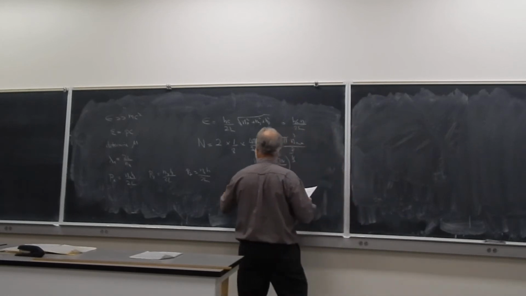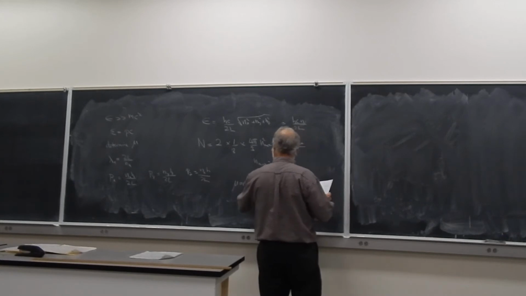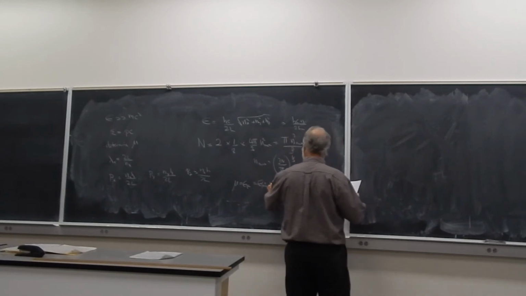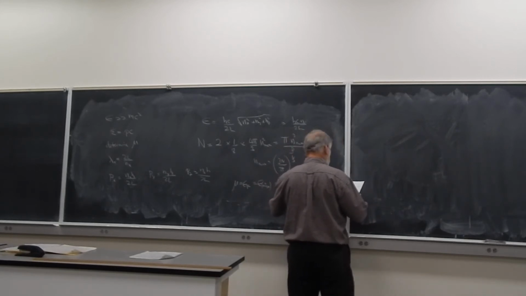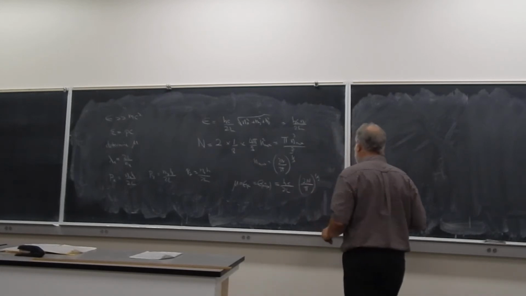My chemical potential is equal to my Fermi energy, which is equal to E max in this case, E for n max, I should say. That's going to be hc over 2L, 3N over pi to the 1/3.